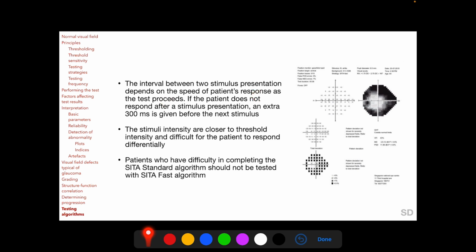In SITA Fast, as the stimuli intensities are closer to threshold intensity, the stimuli can be difficult for the patient to recognize differentially, and so it is recommended that patients who have difficulty in completing the SITA Standard algorithm should not be tested with the SITA Fast algorithm.